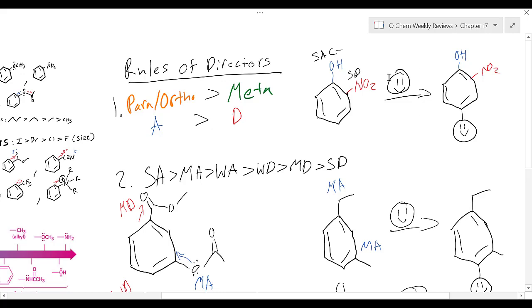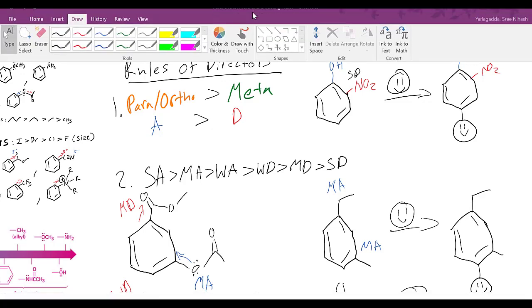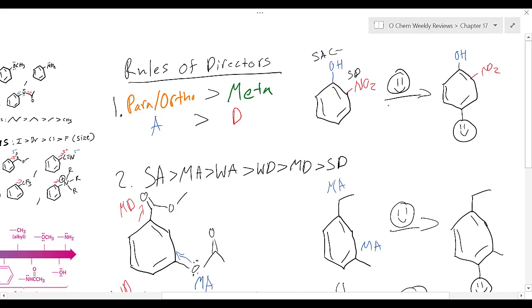This does not matter if it's activator or deactivator here, okay? Does not matter. That's why I drew a smiley face to showcase that don't pay attention to if it's a withdrawing or donating. All that matters is what's already pre-existing on this benzene ring, okay?